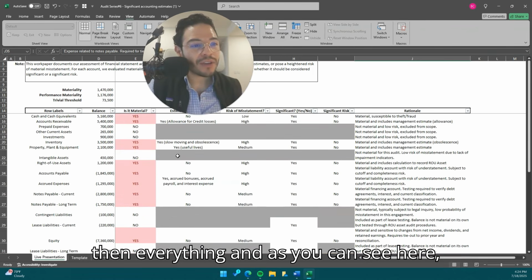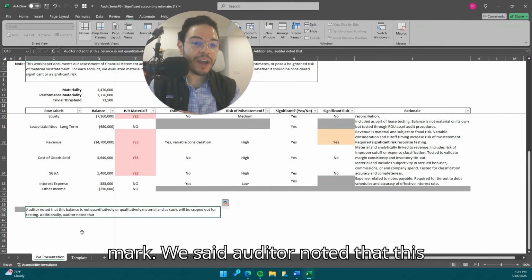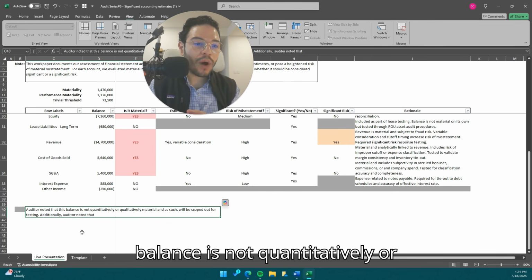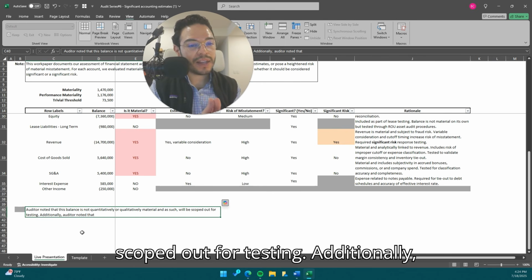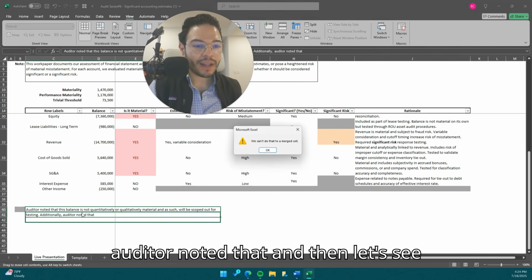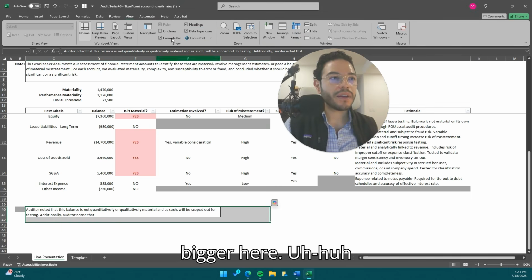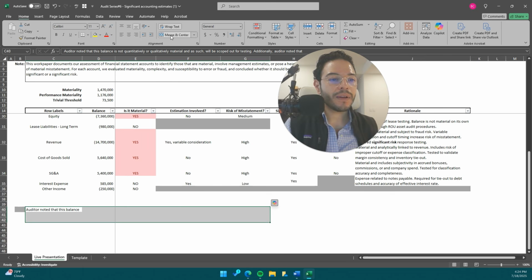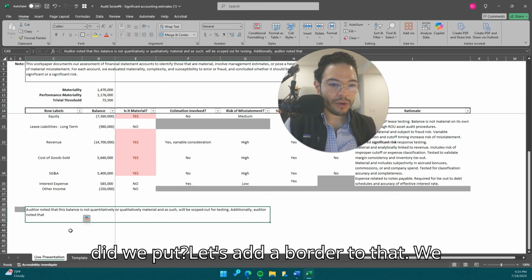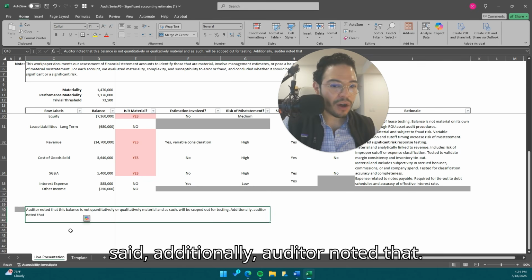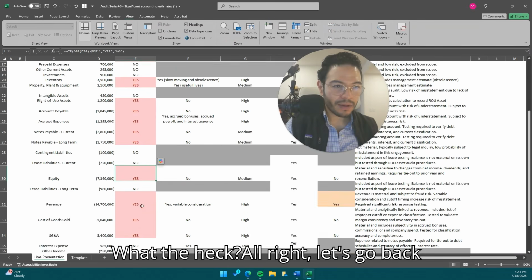And as you can see here, everything we grade out, we documented and added a tick mark. We said, auditor noted that this balance is not quantitatively or qualitatively material. As such, it will be scoped out for testing. Let's make this a little bigger and add a border to that.